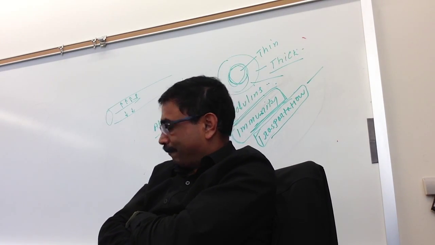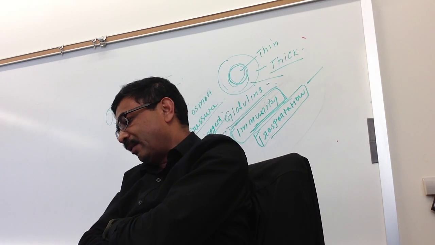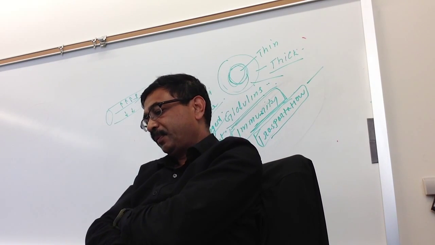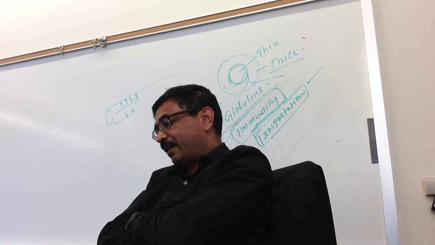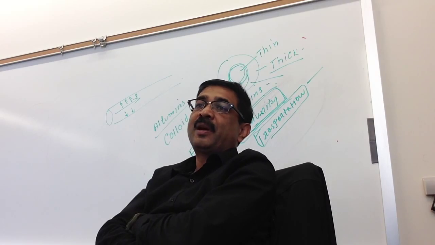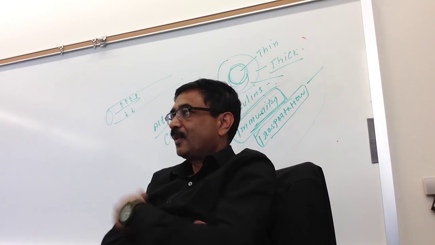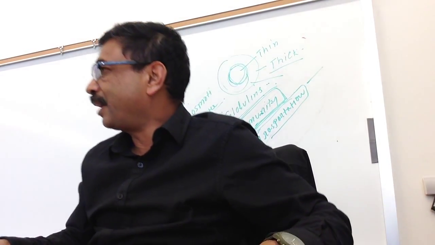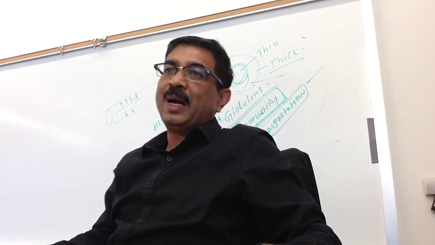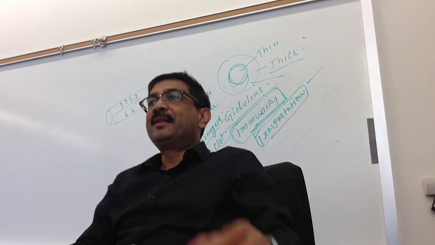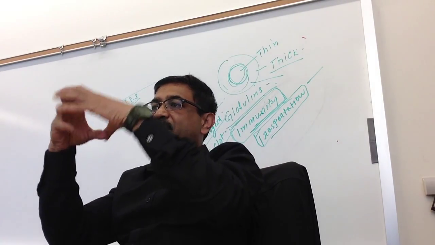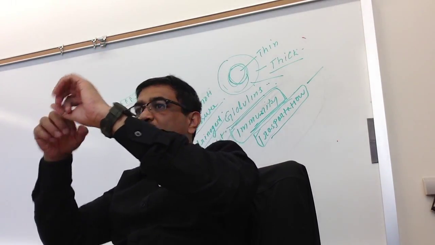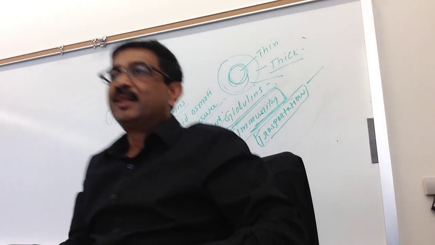Now, the flattened shape of red blood cells has some advantages. What are the advantages of having a flattened shape? Number one, they can easily get folded, get smaller, and pass through the narrow capillaries. Just think that you have a soccer ball.